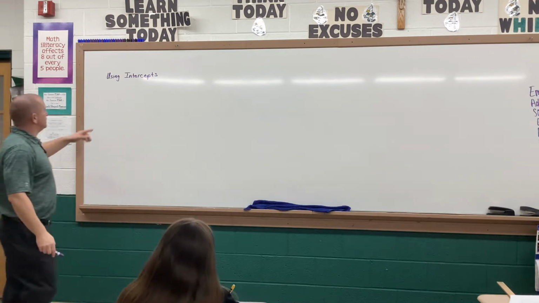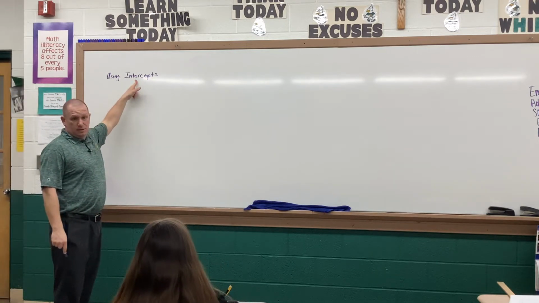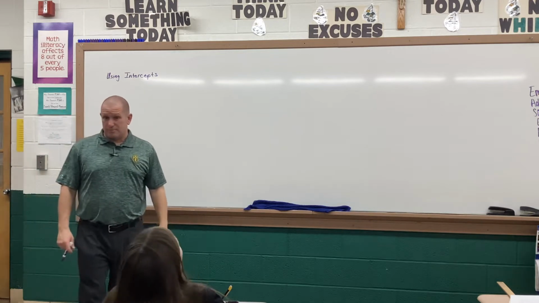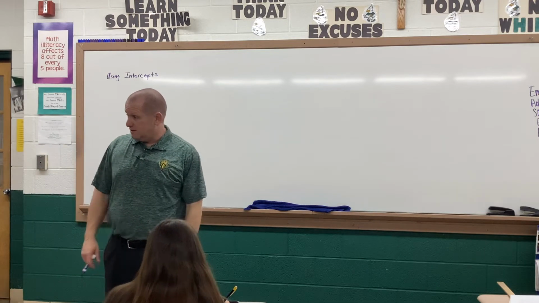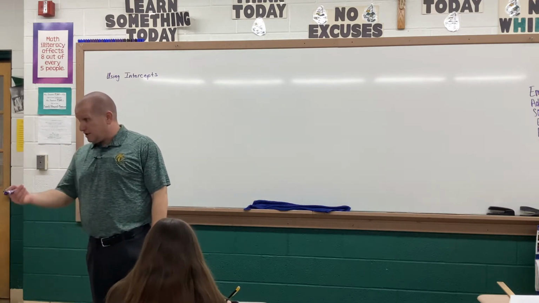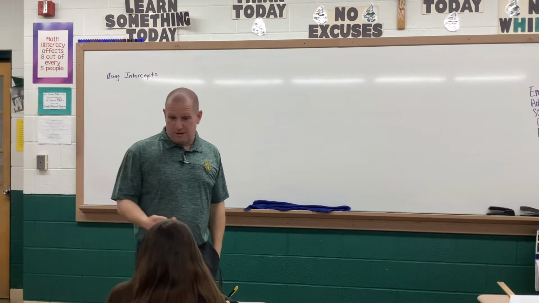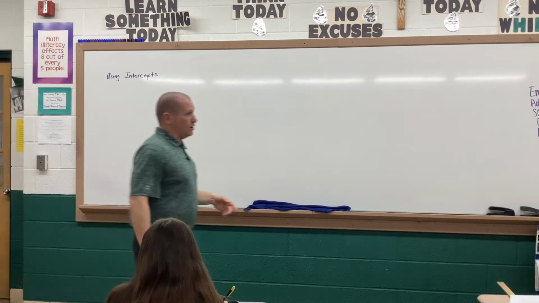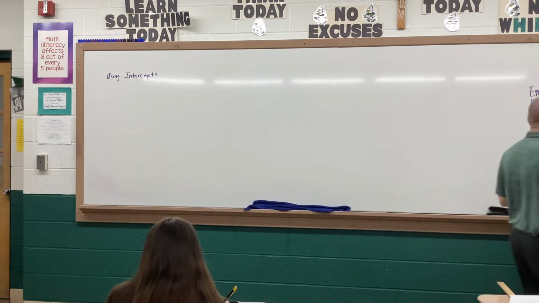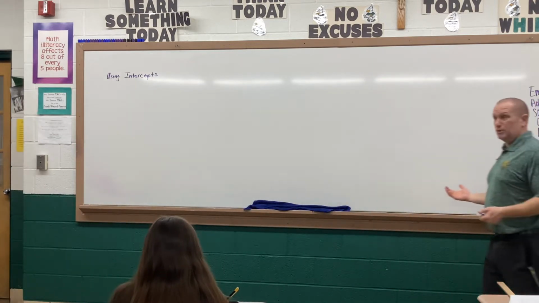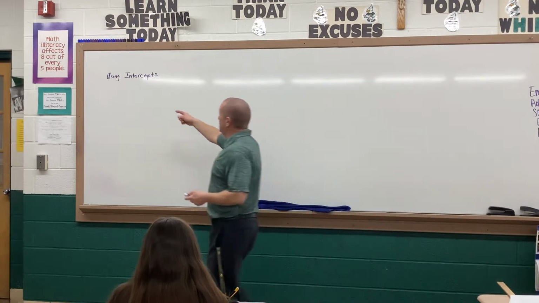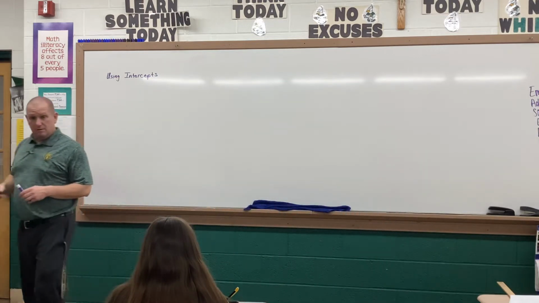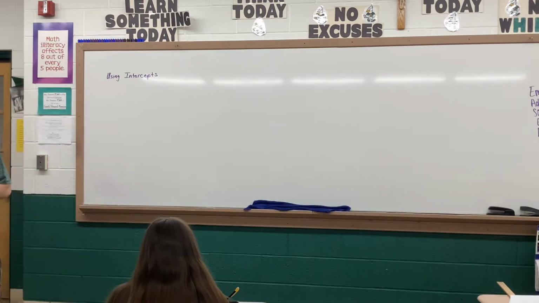Let's start out by just talking about this word right here. What does it mean if you intercept something? You cross it, right? That's a really great way of saying it. So when we go back to our coordinate plane, we talk about intercepts. What intercepts do we talk about? Or where could we intercept something that would be really specific on that coordinate plane?